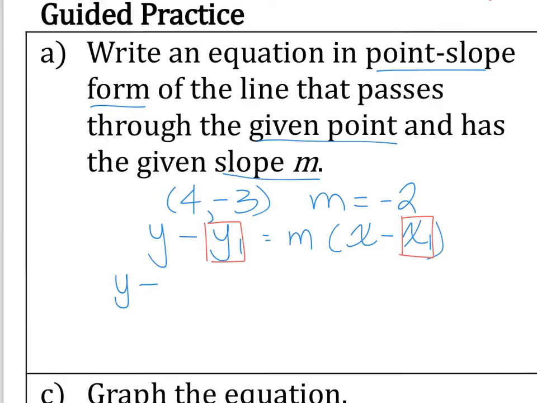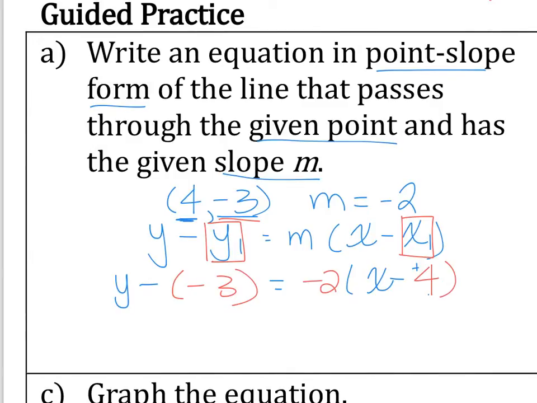Y minus -3 equals -2 times x minus 4. This is 4 because we have 4 here and it's considered positive, okay?